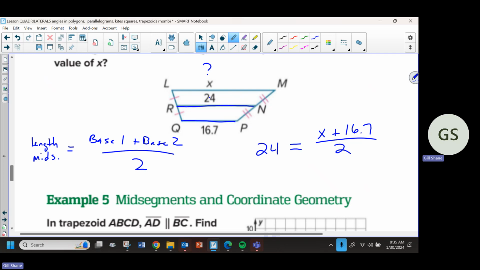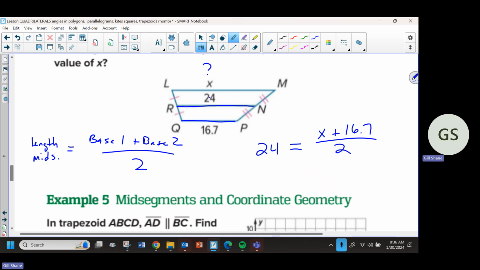If I am solving for a variable, nothing ever changes from the fact that I'm just trying to get the variable by itself. I need to get rid of this, and I need to get rid of this. You've got a 50-50 chance, but hopefully you see that I can't subtract 16.7 first, because this is actually 16.7 over 2 and X. So you don't do that number first.